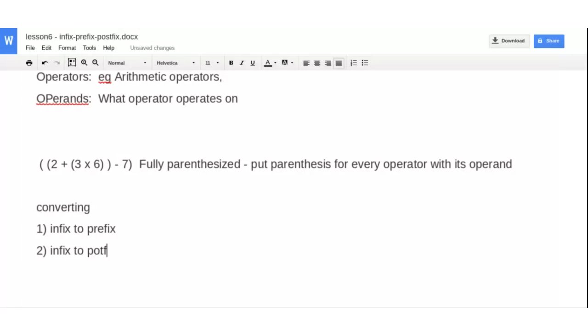In many situations, you can be asked to convert an infix to a prefix, or an infix to postfix. And you can, of course, use this method.